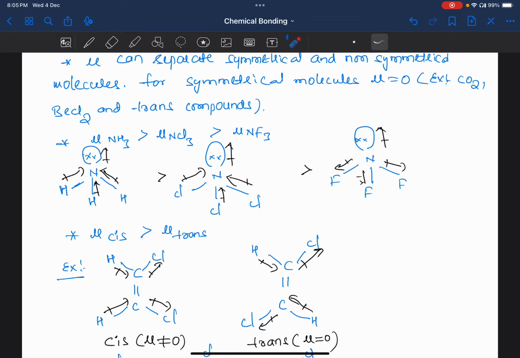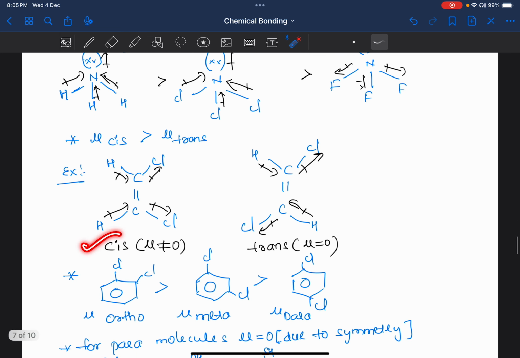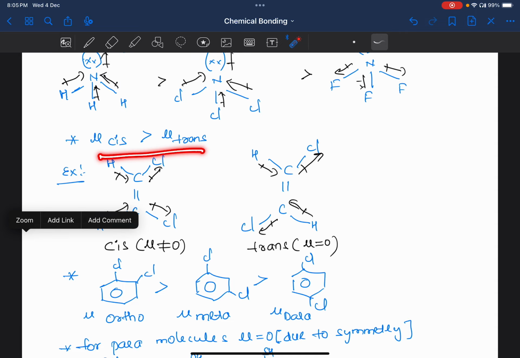Two of these cancel each other, so just two directions remain. Therefore its dipole moment is less than that of ammonia. And the dipole moment of cis molecules is always greater than that of trans molecules.